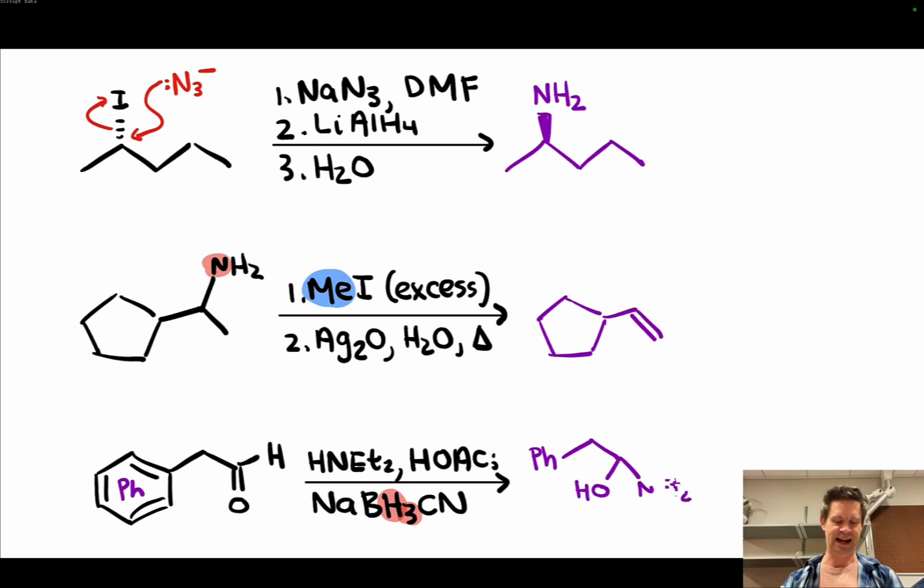So we can think about adding the diethylamine to the aldehyde, get something like this, and this can eliminate water with or without protonation. And I'm actually going to show the elimination of water with protonation of the oxygen, just to make a point about what happens in the reduction stage.